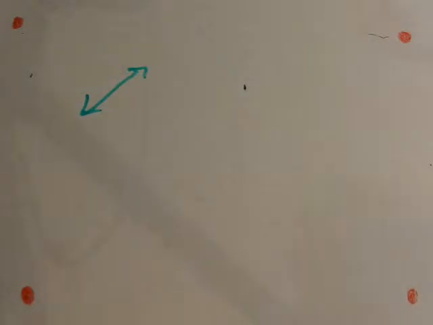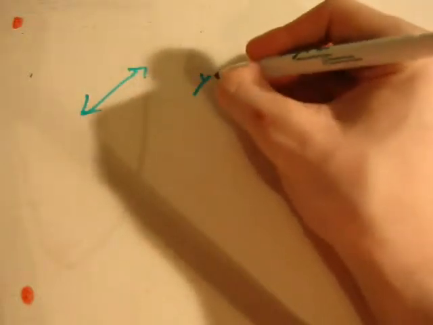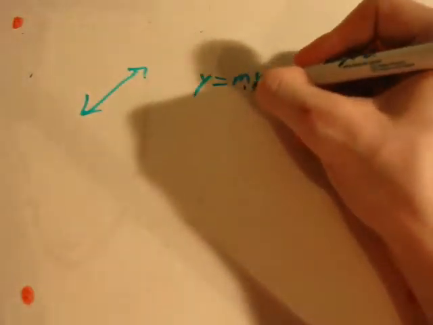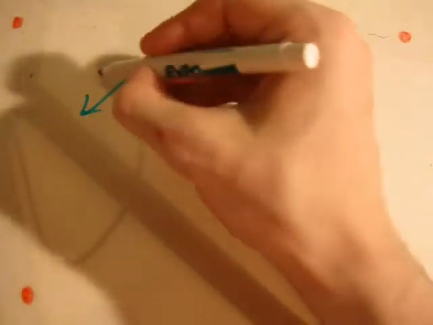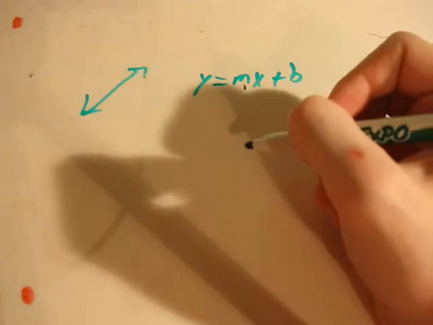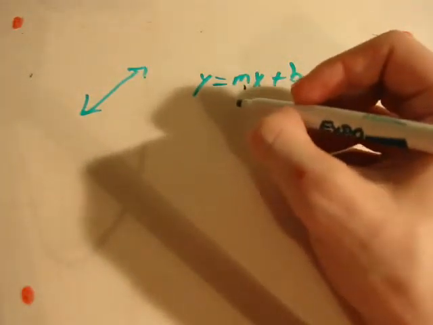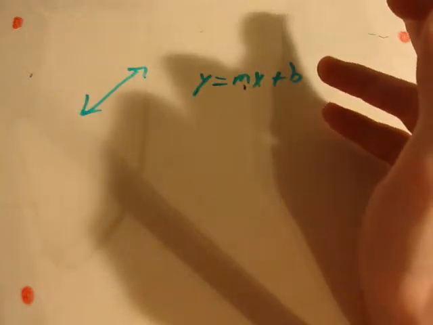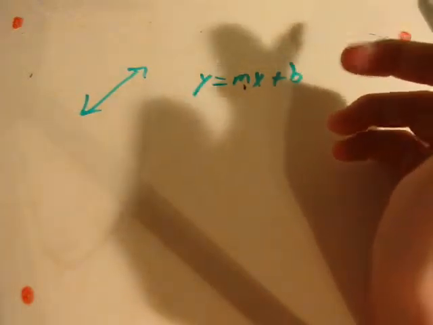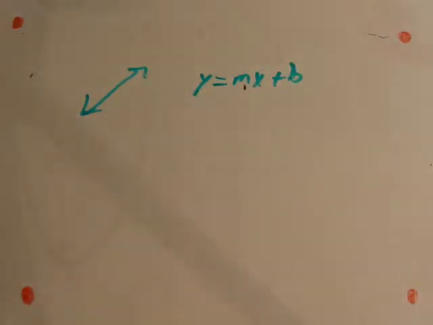Now, for these inclined and declined lines, there's something called the slope-intercept form, which is y equals mx plus b. Y being how tall, how high up the scale it goes, m being your slope, x being whatever value you plug in for x, whether it's 1, 2, or 5, and b is where the y-intercept is.